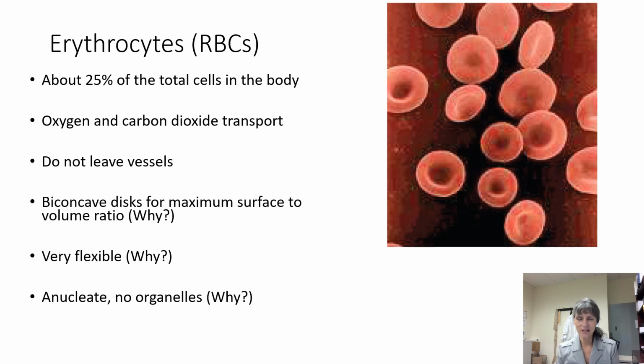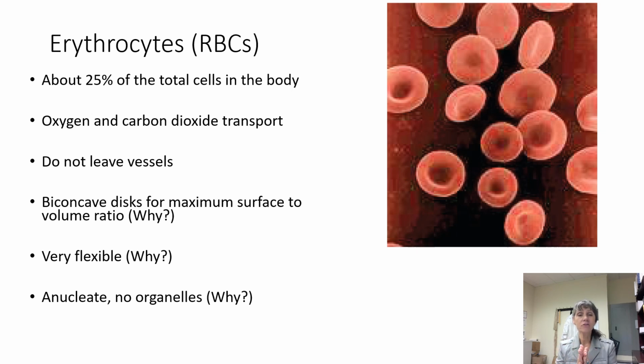Now, erythrocytes, which is the fancy name for red blood cells, account for 25% of all the cells in the human body. And they not only transport oxygen, they also transport carbon dioxide. They don't leave the blood vessels, and when they are mature, they take on an internal concavity on both sides.